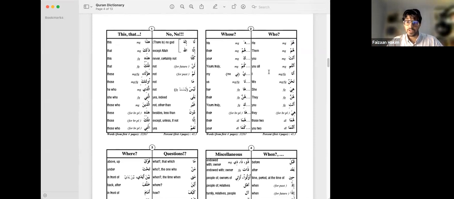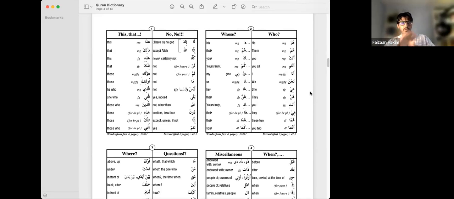If it's an object, it's rajulan. If it's the object of a preposition, it's rajulin. And if you want to say "of" the noun, it's in as well. Like the book of God, kitabu Allahi. Of God, of Allah, Allahi. That's like a very quick recap of where we are so far.